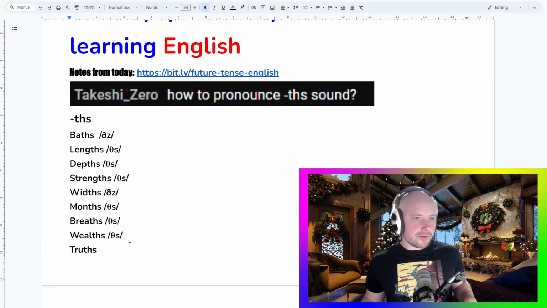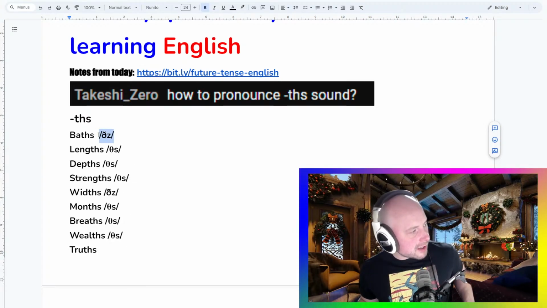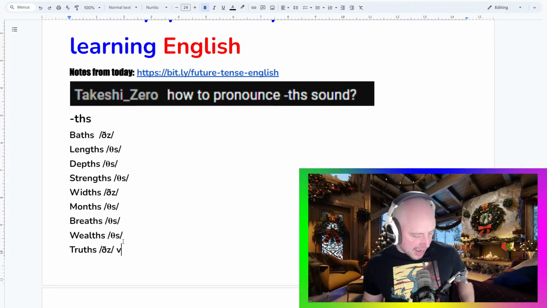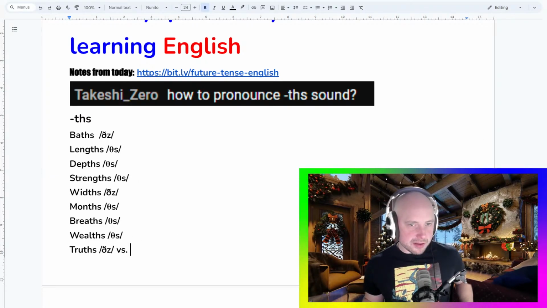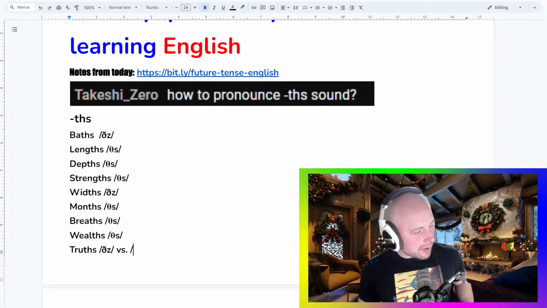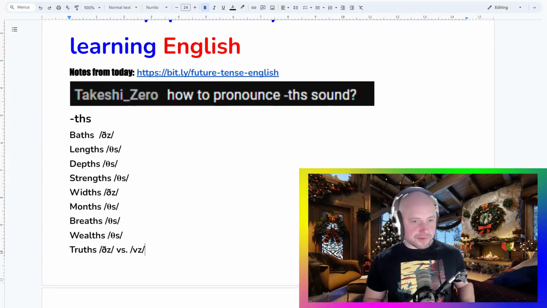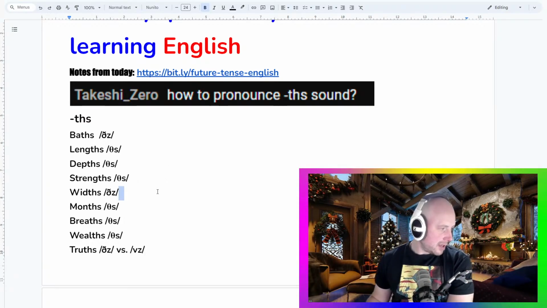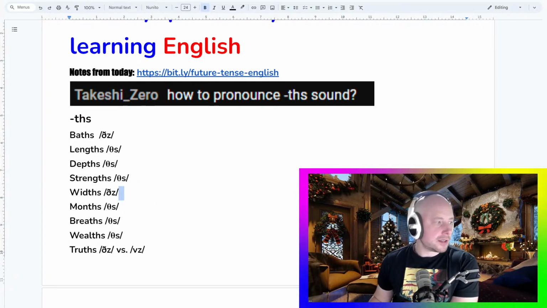Truths. It's interesting because for truths, I think the correct pronunciation is that. However, you could get away with that. So truths is correct, but you could say truths, like that.